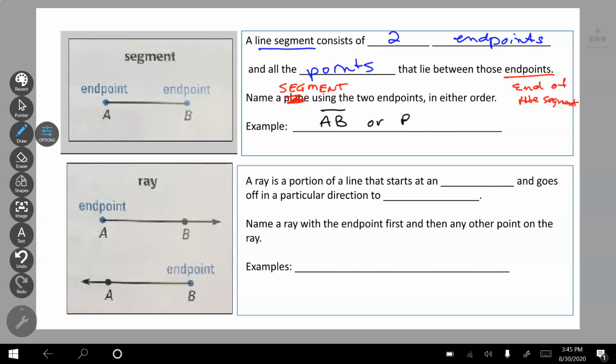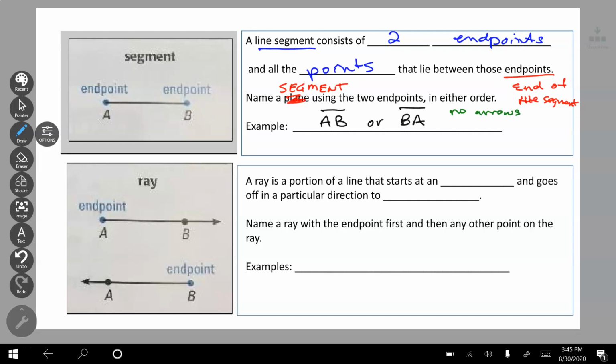Or I can call it BA like that. It doesn't matter. It's the same segment. No arrows. If you put arrows on it, it would represent a line. This is a line segment that has endpoints.